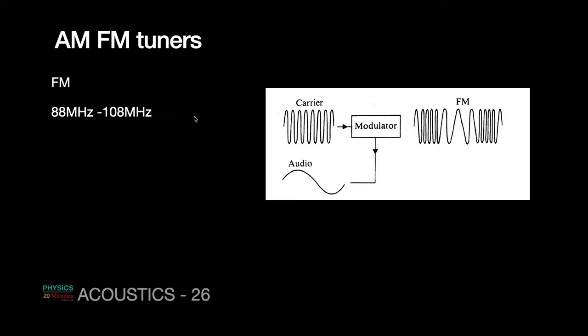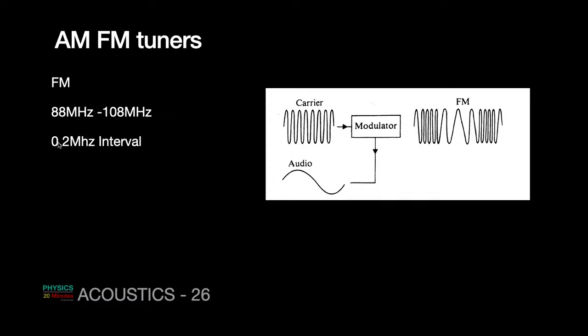You must be familiar with the names of the various FM channels. They are actually advertised with their frequencies like 98.3 or 104.7, etc. So these are all the channel frequencies between these two.